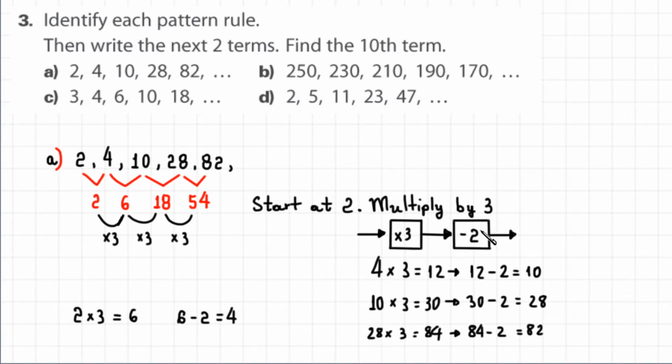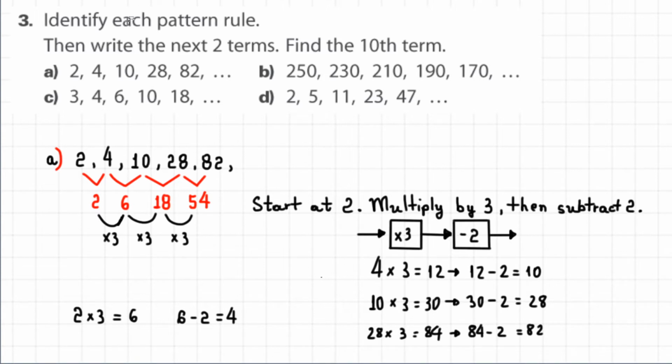We multiply by 3. Then subtract 2. We start at 2, we multiply by 3, then subtract 2.